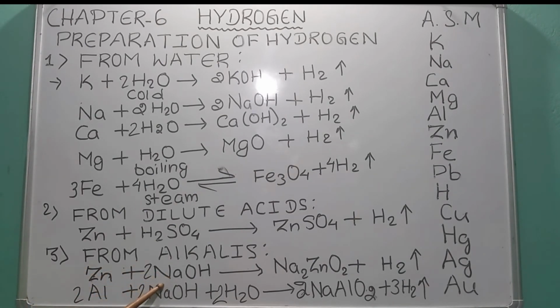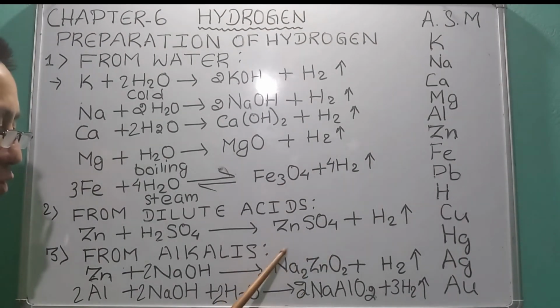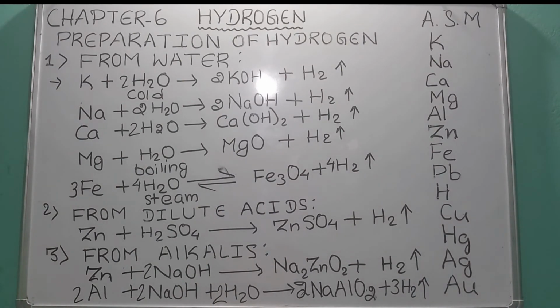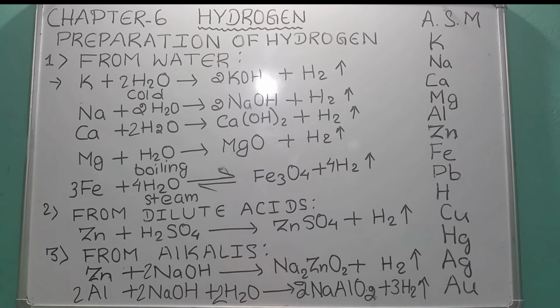Sodium hydroxide is an alkali. When zinc reacts with sodium hydroxide, which is an alkali, we'll get hydrogen gas and a complex salt is formed, that is sodium zincate. When aluminium is heated with concentrated sodium hydroxide solution, we'll get hydrogen gas and sodium aluminate.